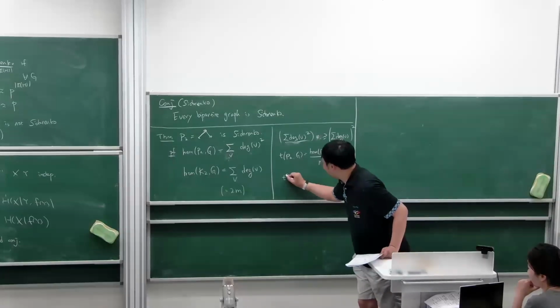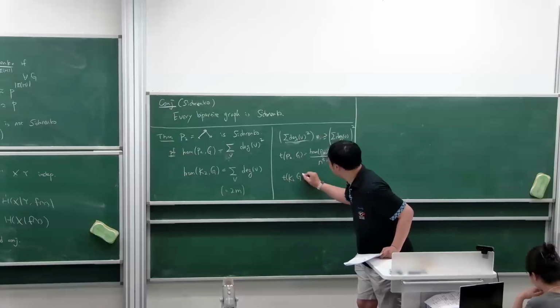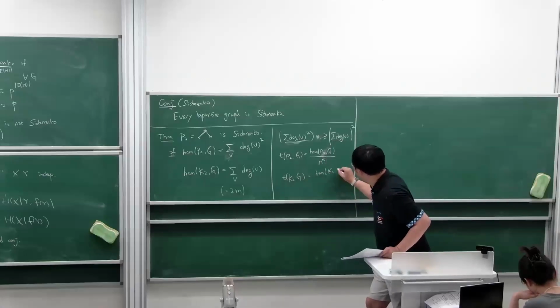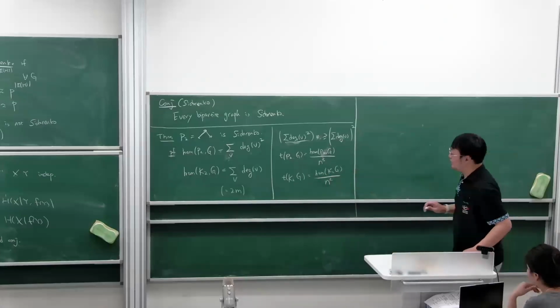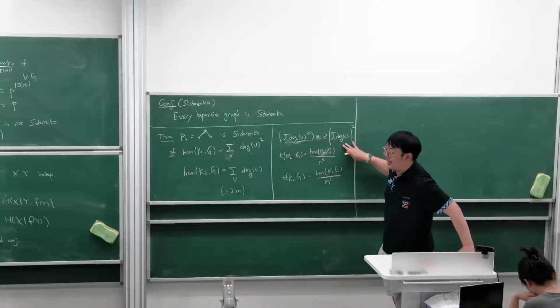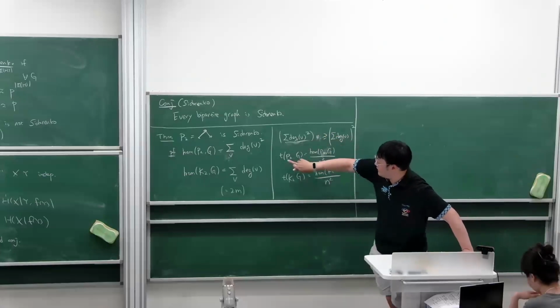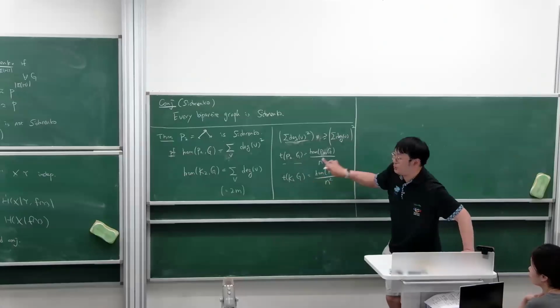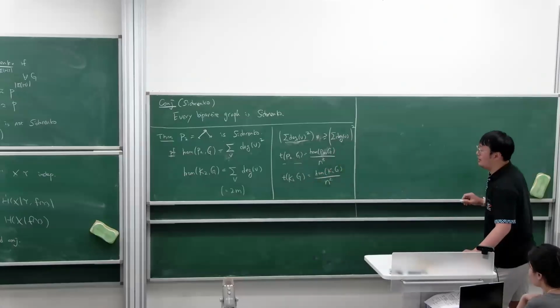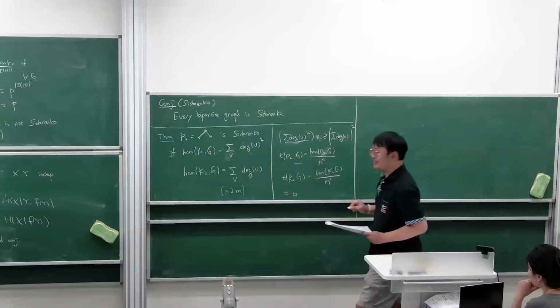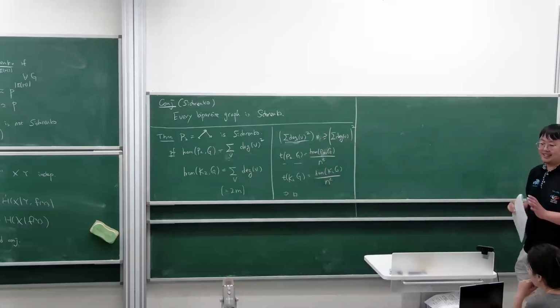And the hom density from K2 to G is the hom from K2 to G divided by n squared. So if you divide by n to the fourth power on both sides, the left hand side becomes this one, and the right hand side becomes this one squared. Is that clear?